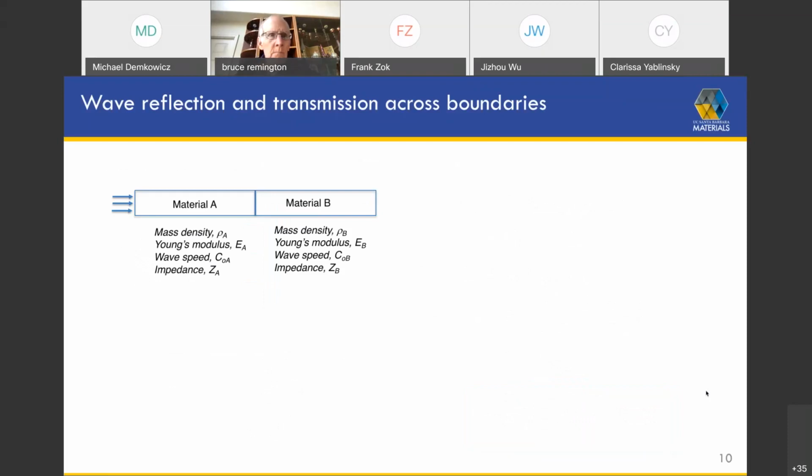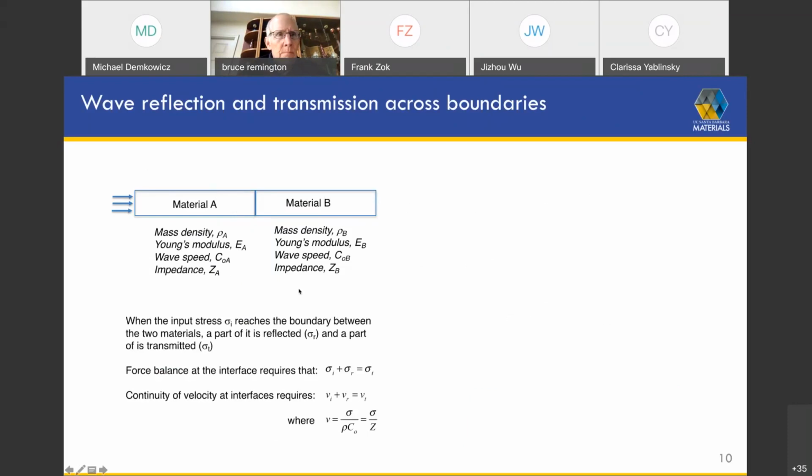The other thing to recognize here is what happens when waves cross boundaries. And so here we consider a case where we've got, say, two thin long rods, one of material A, one of material B, and they're glued together at the interface. They each have their respective mass density, Young's modulus, wave speed, impedance.